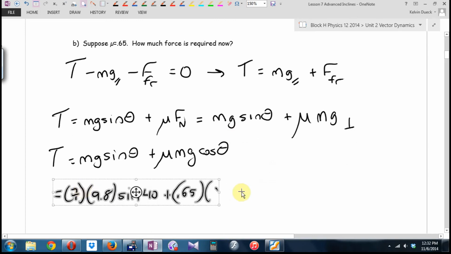Now I got room. Times 7 times 9.8 times the cos of 40.